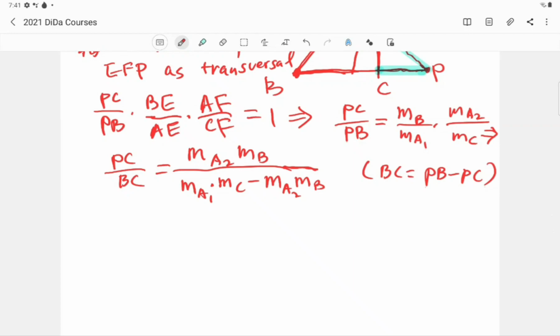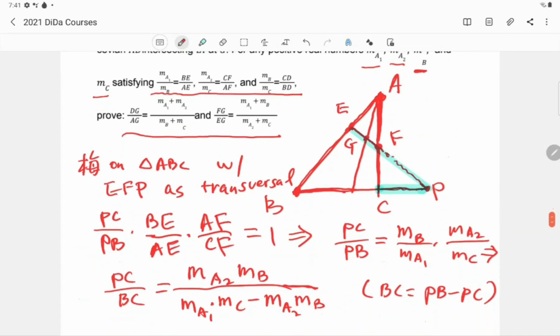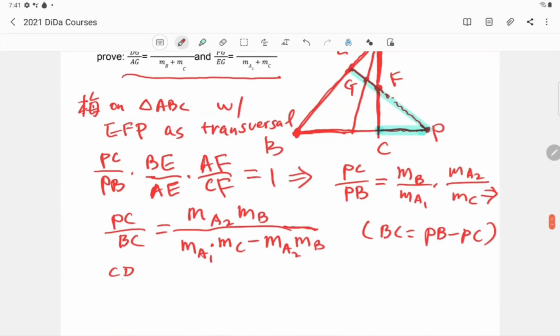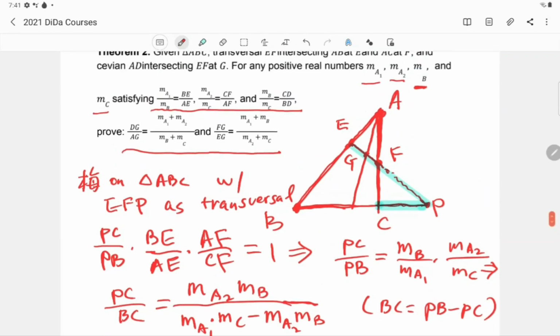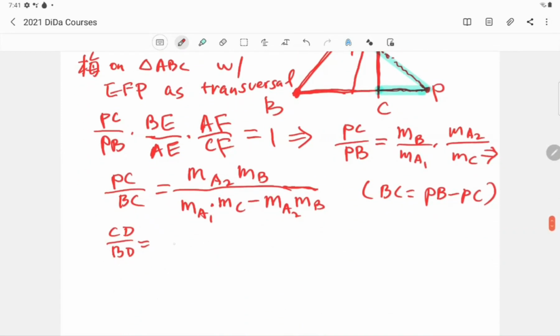And then we use the fact that CD over BD, this condition, is just MB over MC. So this will give me CD over BC equal to MB over MB plus MC.